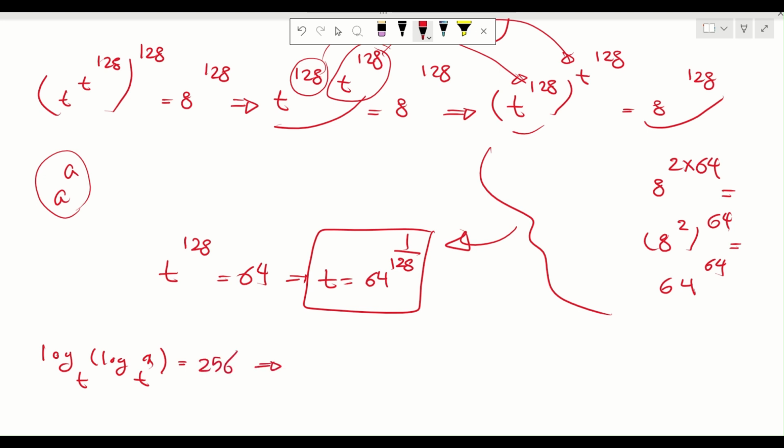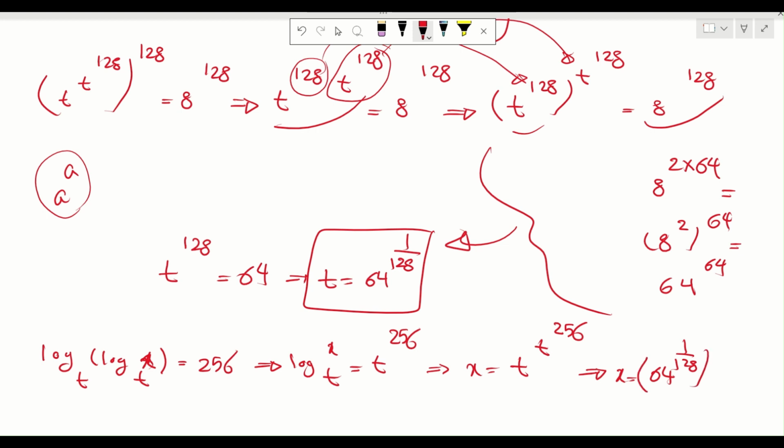So basically it means, remember this is actually based on the equation that we got from the problem, that log of x in base t is t to the power of 256, and then you can see that x is going to be t to the power of 256, and basically it means that I need to just replace t with 64 to the power of 128, and if I do this, it's going to be x equals 64 to the power of 128 to the power of 64 to the power of 128, and then to the power of 256.